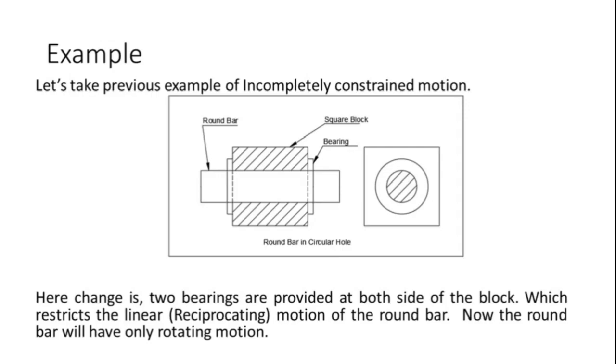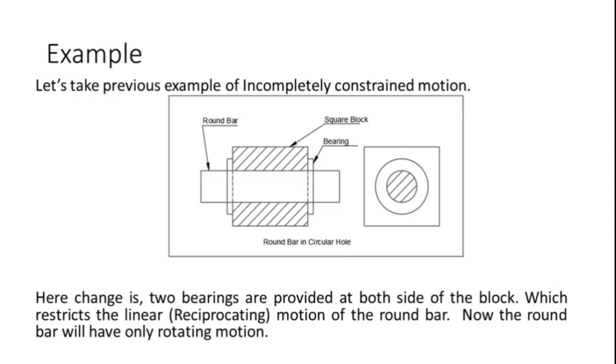But if we apply two collars at the two ends of the circular hole, then due to these collars, the reciprocating motion of the circular shaft will be restricted. And now it can have only the rotary motion, right?